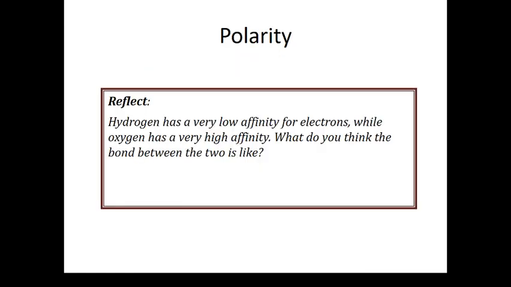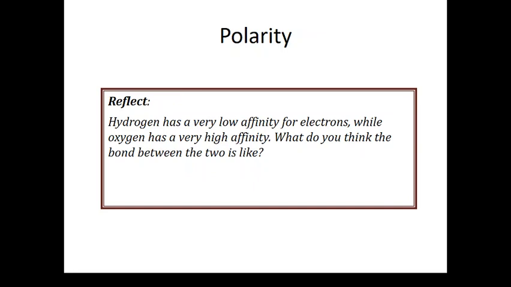So when we look at hydrogen, and we say that it has a low affinity for electrons, another term that we can use for very low affinity is electronegativity. We know that electronegativity is an element's ability to gain or lose an electron.